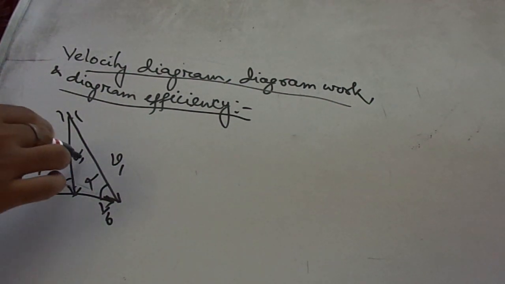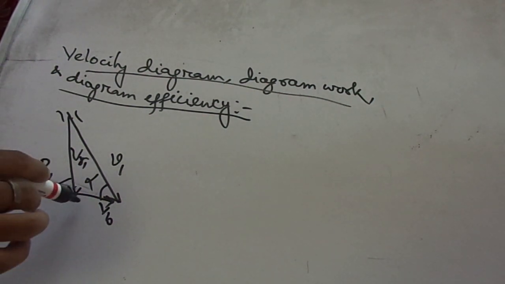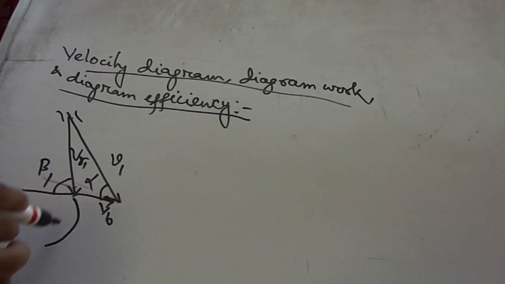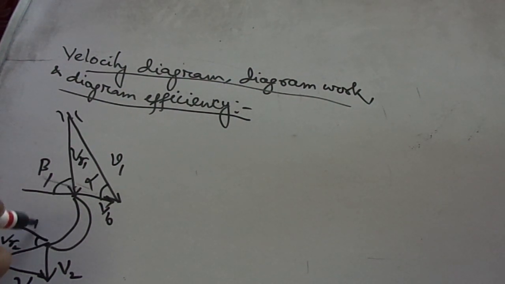VR1, relative velocity, and exit, this is the V2, VB, VR2, beta 2. VR2, beta 2, this angle.